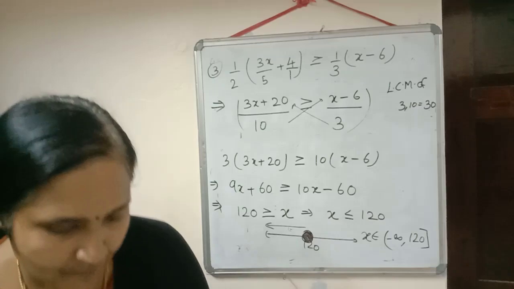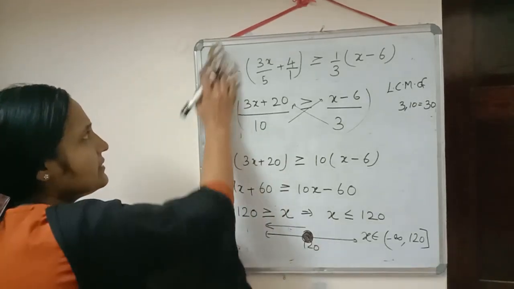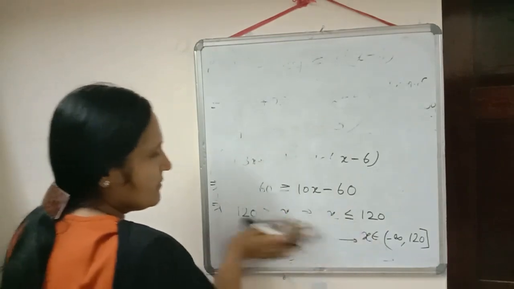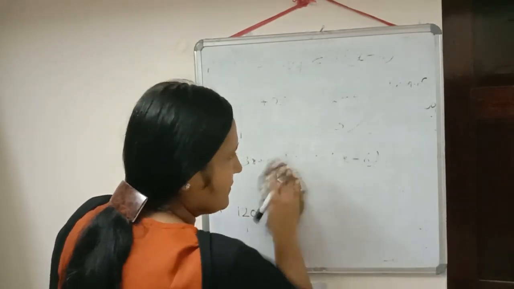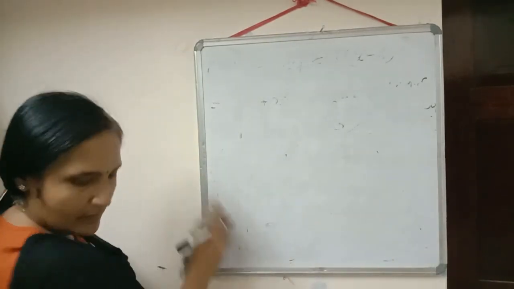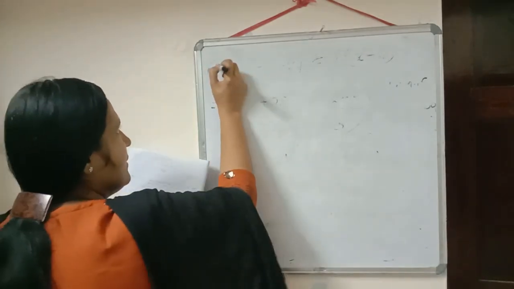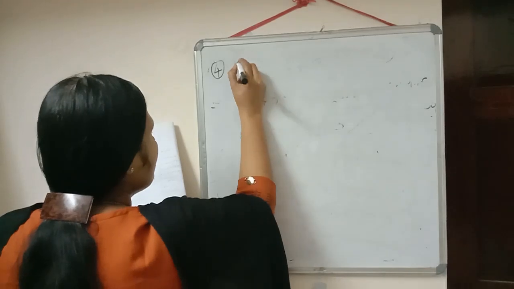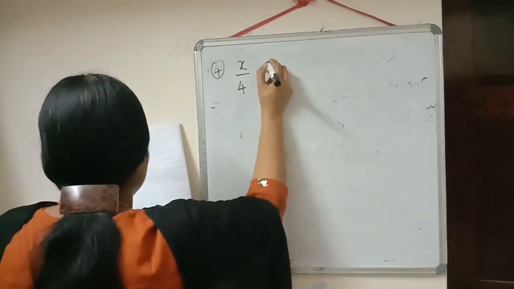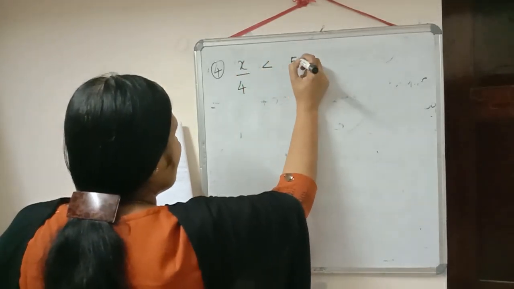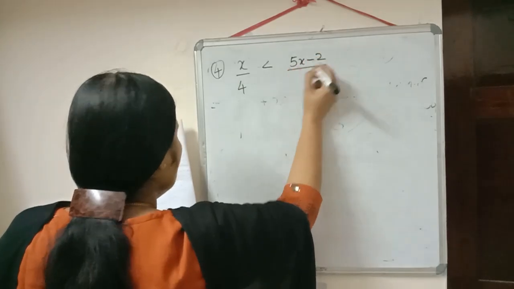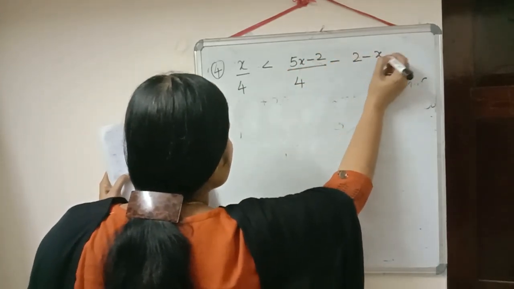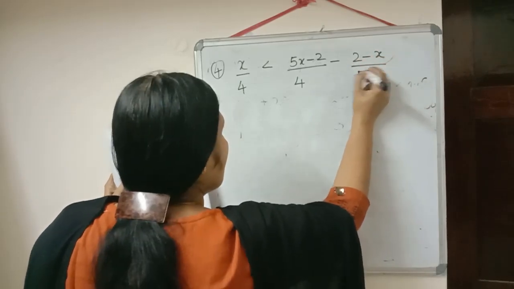Now all of you write down the next one. Question number 4 is x by 4 less than 5x minus 2 by 4 minus 2 minus x by 5.